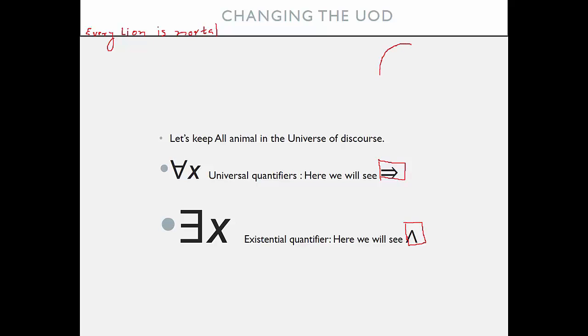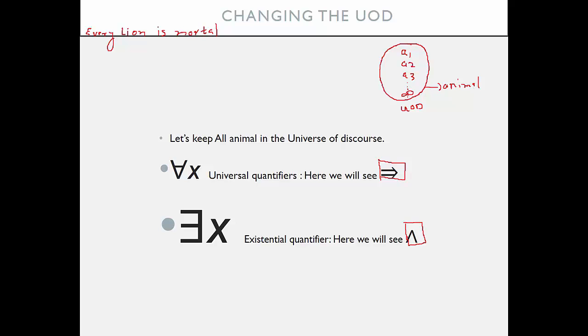Now let's shift our gears and change our universe of discourse a bit. We assume that it's a universe of animals. We could have all the animals over here, and there is this animal A1, there is this animal A2, there is this animal A3, and it could move on to infinity. That number we could have.